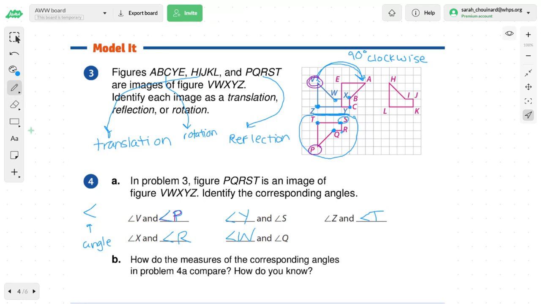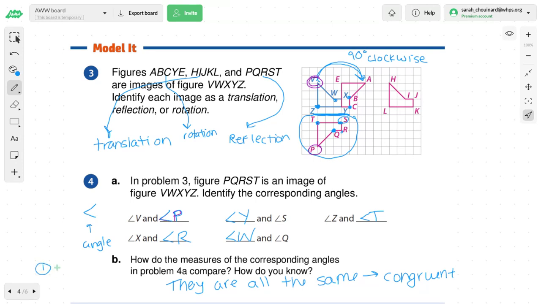So how do the measures of the corresponding angles in problem 4A compare? They are all the same. And remember, our new fancy word for that is congruent. So let's just list that very quickly right over here on the side.